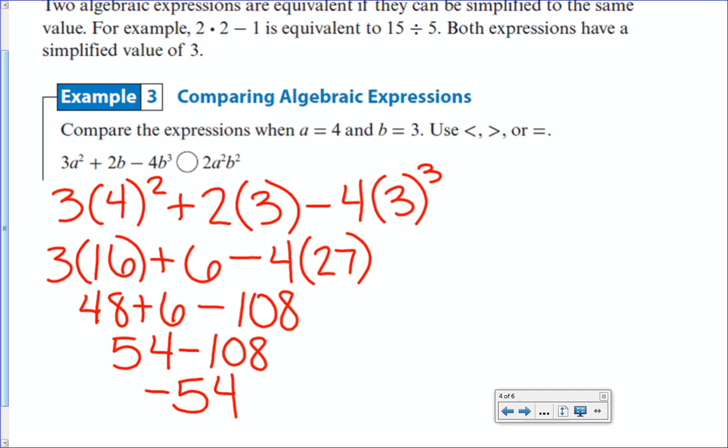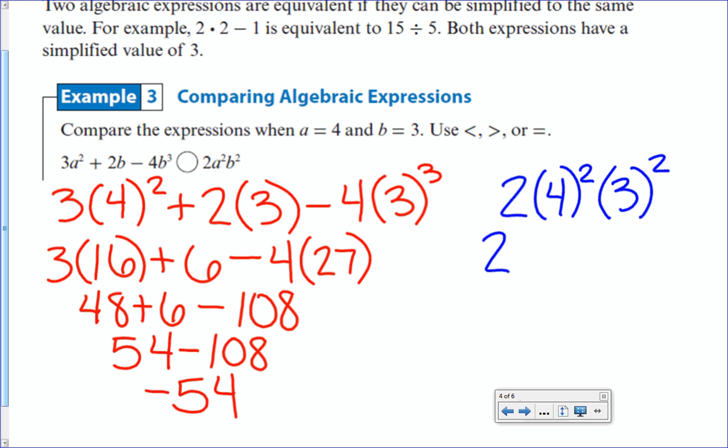Let's move to the right-hand side. So I have 2 times 4 squared times 3 squared. So we're going to do our exponents next. 2 times 4 squared, which is 16, times 3 squared, which is 9. 2 times 16 times 9 is 288.